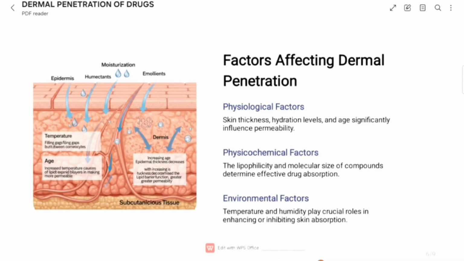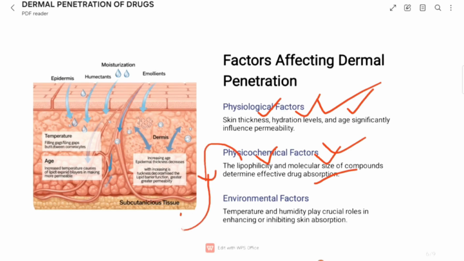The factors which affect dermal penetration are, first, physiological factors, then physico-chemical factors, then environmental factors. Physiological factors include the thickness of the skin, hydration level and age. Then physico-chemical factors include lipophilicity and molecular size of the drug. Lipophilicity means it is lipid soluble.